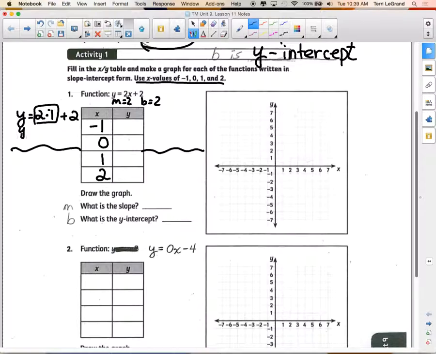What's 2 times -1? -2, okay. What's -2 plus 2? 0. So where x is equal to -1, y is equal to 0.